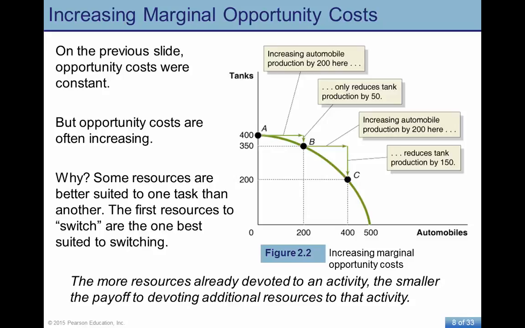The more resources already devoted to an activity, the smaller the payoff to devoting additional resources to that activity. You can see here the production possibility frontier is a bowed-out shaped curve. Why? Because as you move from A to B, B to C, C to D, you have to give up more and more units of tanks to get the same unit of automobiles.